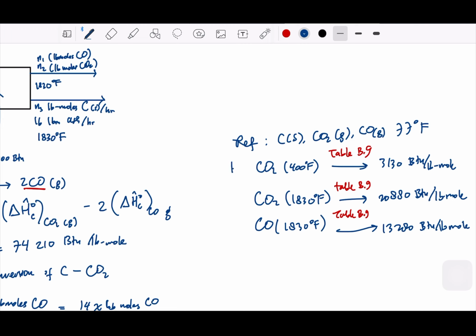So this is the enthalpy. Let's say enthalpy 1, 2, 3.